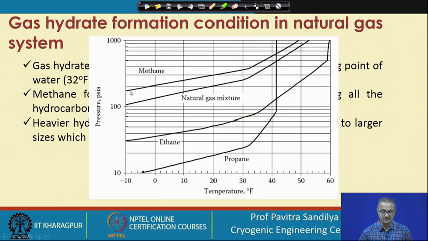So, for a given temperature, any pressure above this pressure will be favorable for hydrate formation. Similarly, for a given pressure, any temperature below this temperature will be favorable for hydrate formation. So, the region above any of these lines is the hydrate formation region, and below the line is the non-hydrate region.